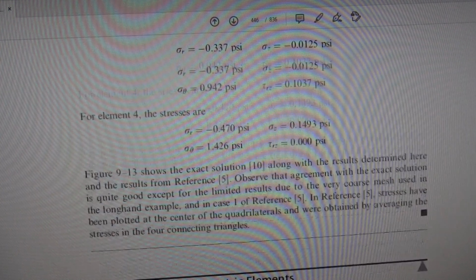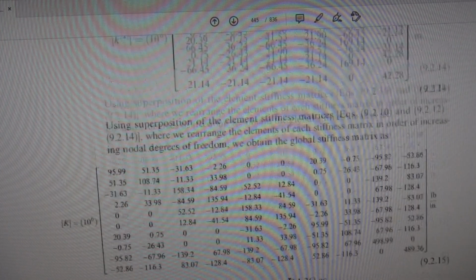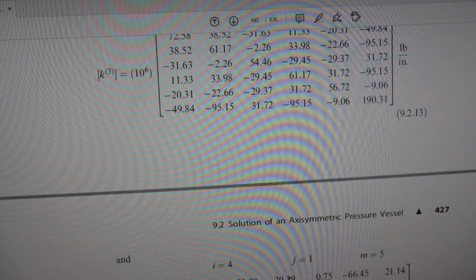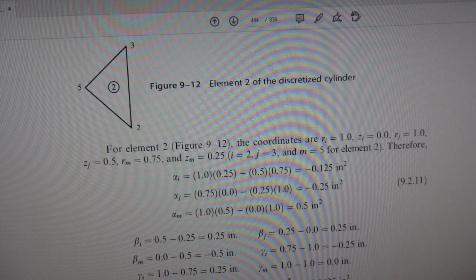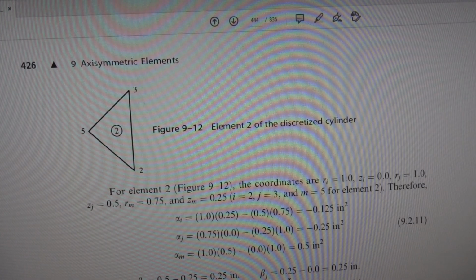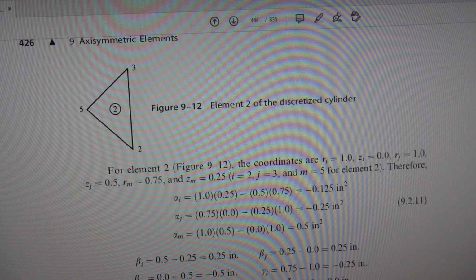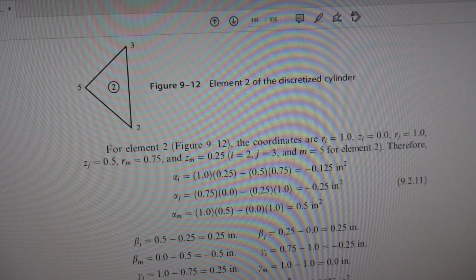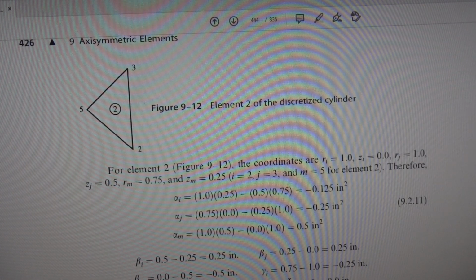So this is a problem related to axisymmetric problems, the solution of an axisymmetric problem. You can solve more problems from the Chandrapatla book. One problem has been solved in the Chandrapatla book, you can see it.